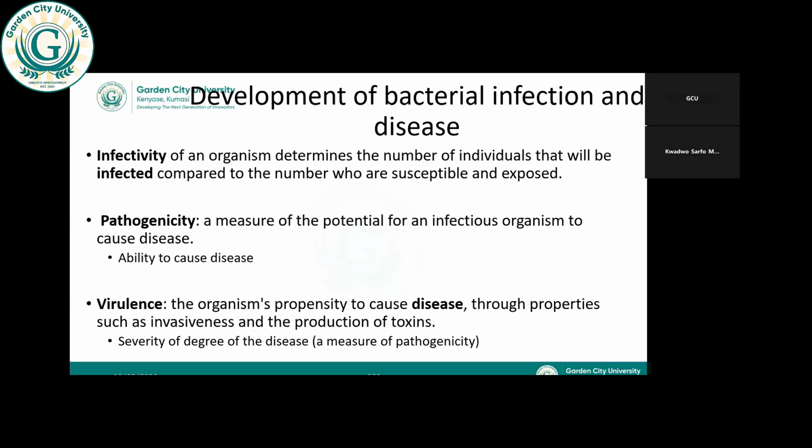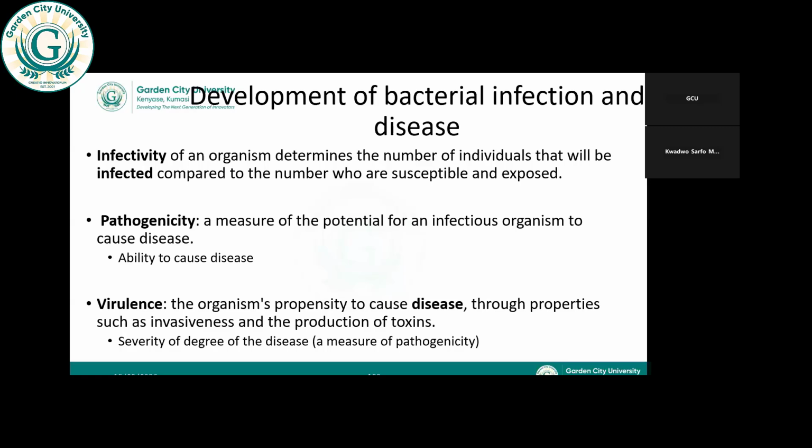So if you have 2 different bacteria, A and B, A gets into the system and begins to multiply, the immune system is able to control it, does not progress to infection. B gets into the system, multiplies, overcomes the immune system, and develops into infection. So B is infectious. So the infectivity rate of B is higher than that of A.